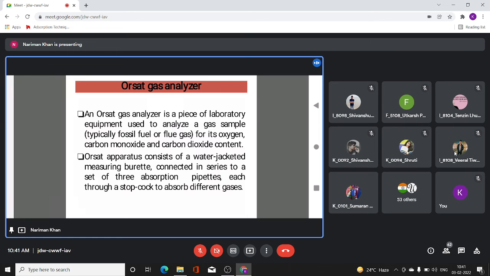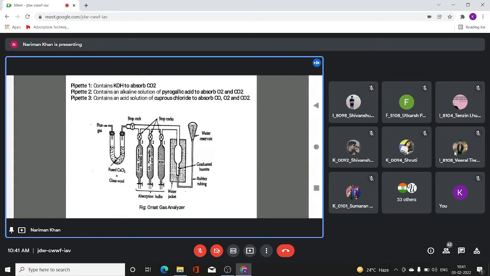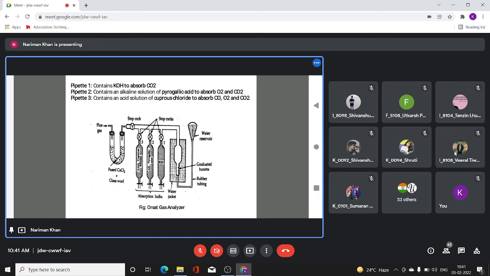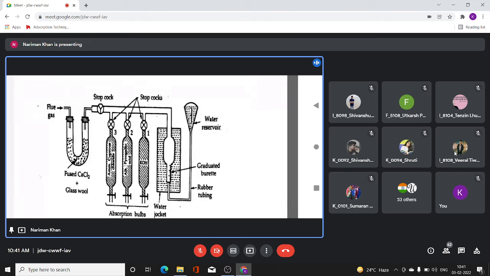Basically, it is used especially for the purpose of analyzing flue gas, whenever any fuel is burnt. It consists of a water jacket, as you can see here in the diagram.